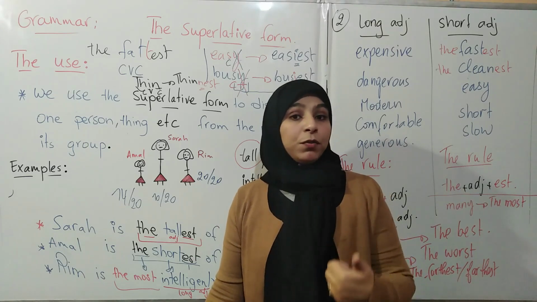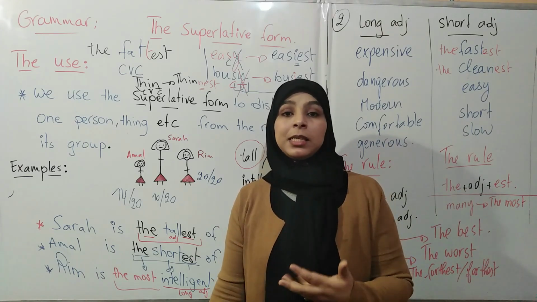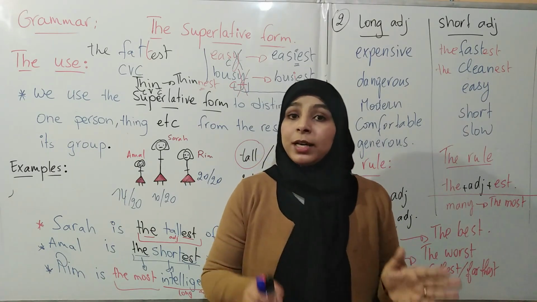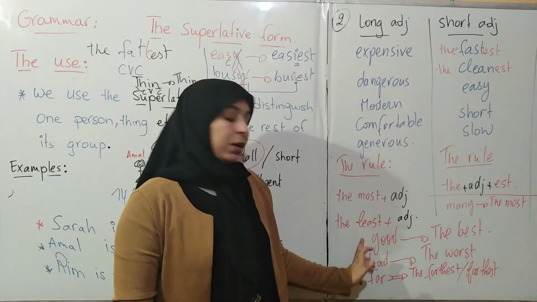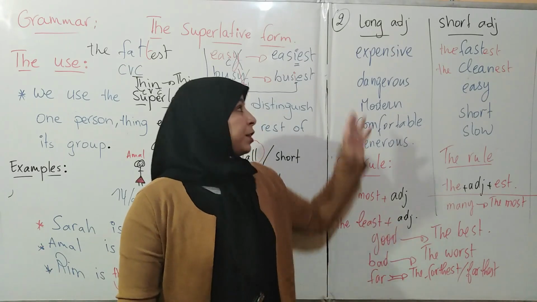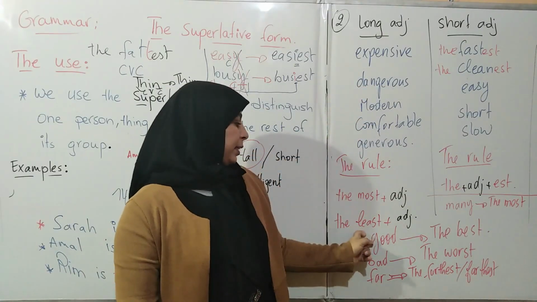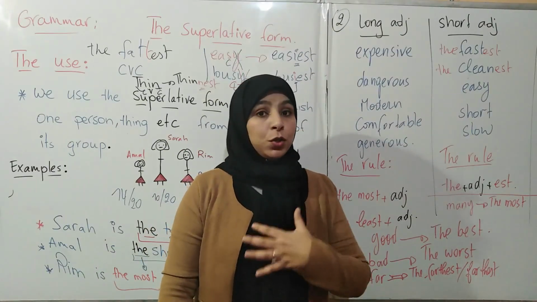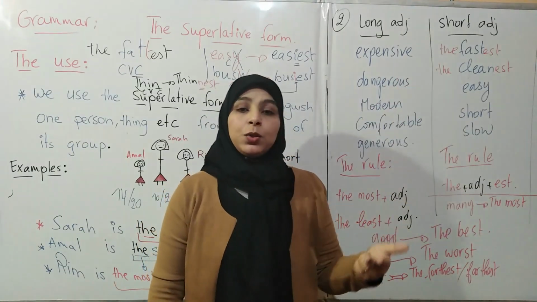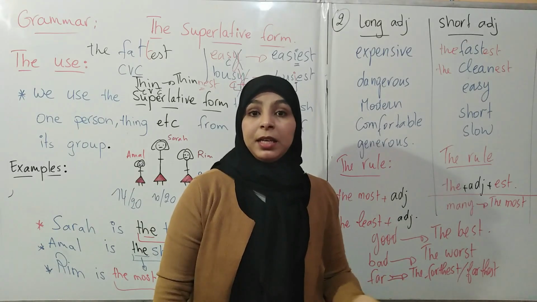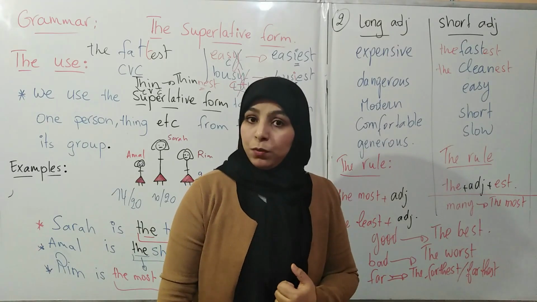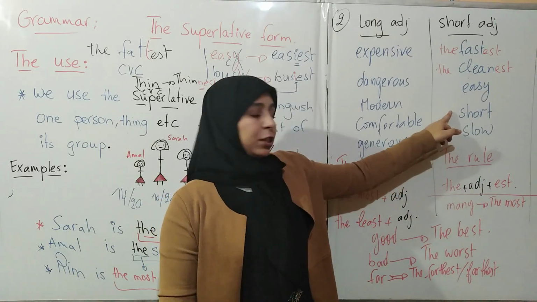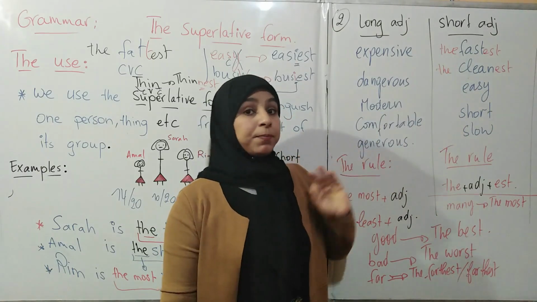Long adjectives: wonderful, comfortable, dangerous, beautiful, amazing, exciting, boring, etc. For long adjectives, again, we use the most or the least plus adjective. The most expensive, the most dangerous, or the least modern, the least comfortable. Right? And with short adjectives like fat, short, tall, busy, heavy, clean, friendly, and so on and so forth, we use the plus adjective plus est, like the slowest, the shortest, the cleanest, the fastest. Clear?